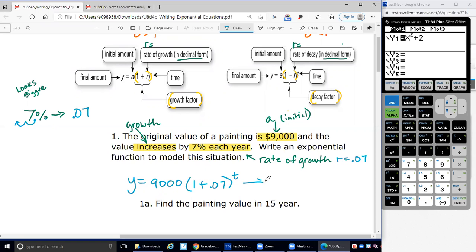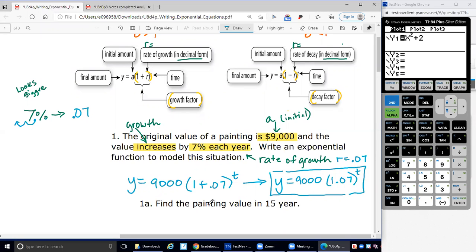So just to let you know, if it's an answer choice on an exam, you're probably going to see it written like this. Y equals 9,000 times 1.07 to the power of t. Is everybody okay with where I get 1.07? I just added 1 plus this. Okay. And so this is probably the answer choice if it's a multiple choice test, what it would look like.